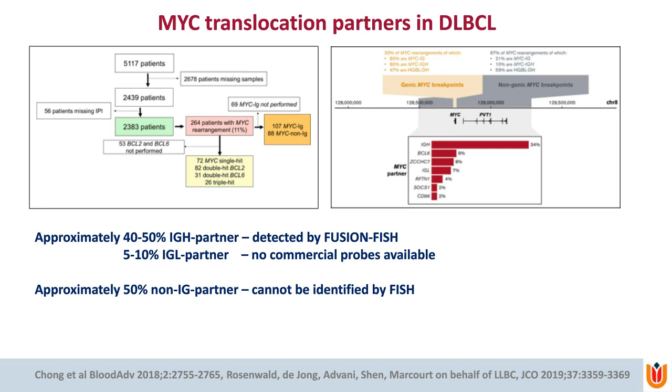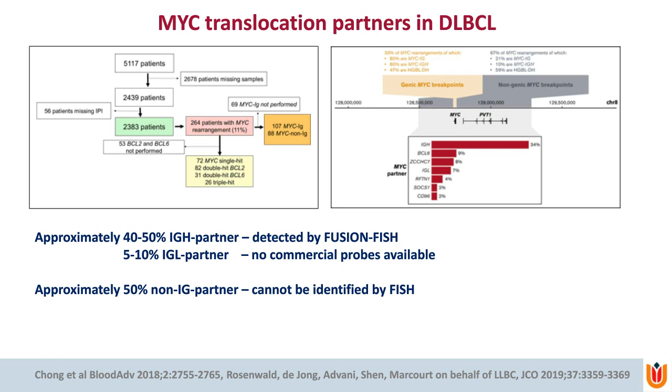There's no commercial probes available for that site, so we cannot assess those translocations. And about 50% have a non-Ig partners, and those we cannot positively identify because we do not know the partner and we cannot use a fusion assay. So that is also a limitation to this technique.